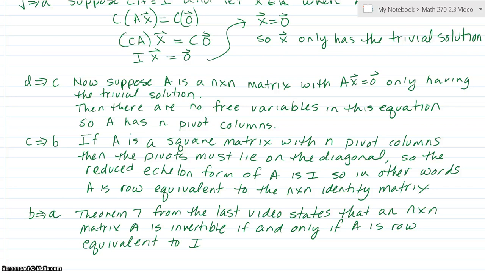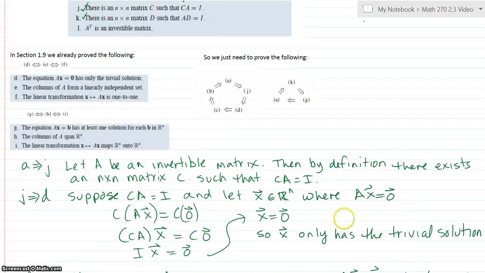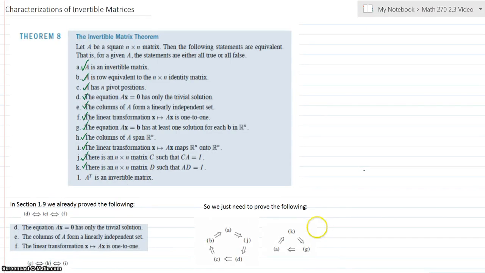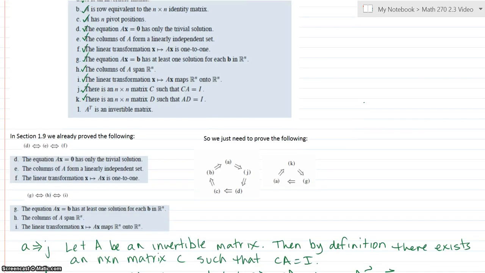It states that an n by n matrix A is invertible if and only if A is row equivalent to I. A is row equivalent to I was just B. If we go back and look at that, and therefore A is an invertible matrix. So we've just completed the loop. So now we have that each of these statements are equivalent.